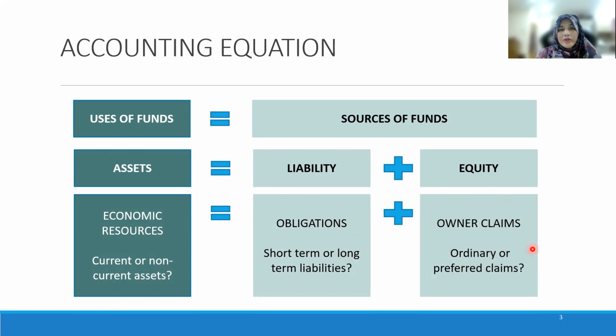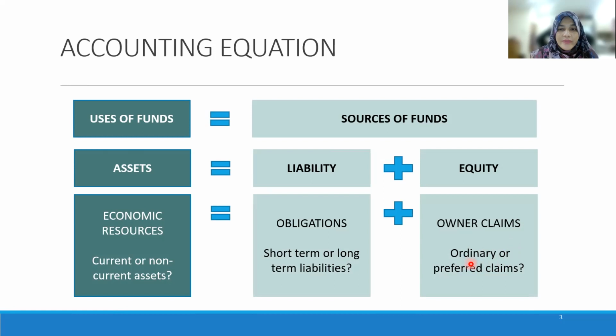What does it mean by ordinary claim or preferred claim? It is the type of share that they are holding in the business. If they are ordinary shareholders, they have the right to vote in the business and the right to get profit distribution, if any.